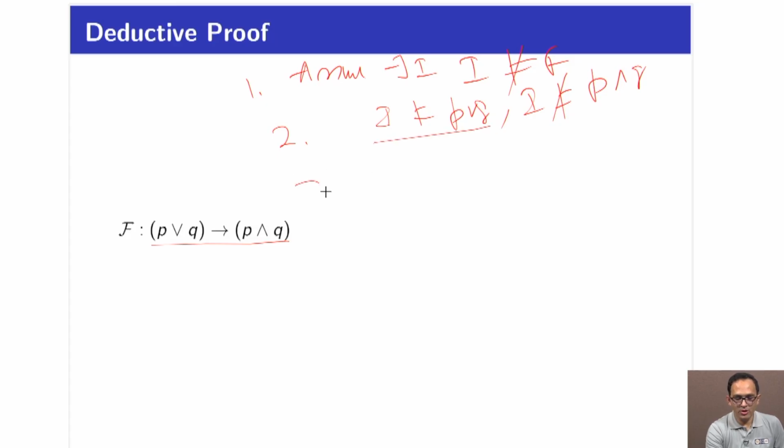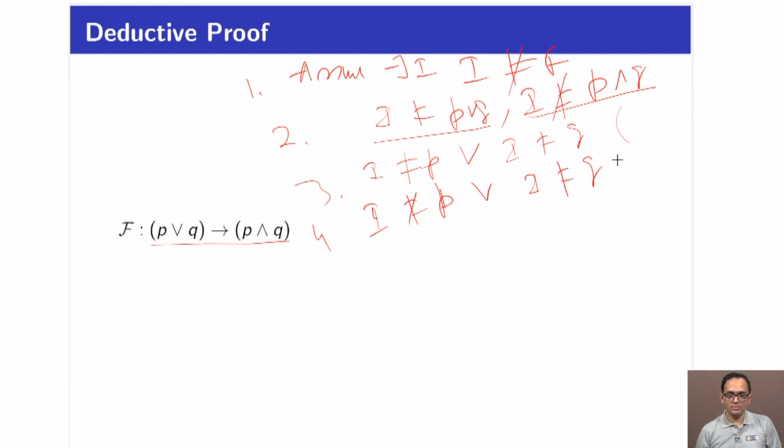If this is the OR rule, it basically says that if I satisfies P or Q, that means either I satisfies P or I satisfies Q. Similarly, from this, if I does not satisfy P and Q, it says that I does not satisfy P or I does not satisfy Q. This is what I will get from this.